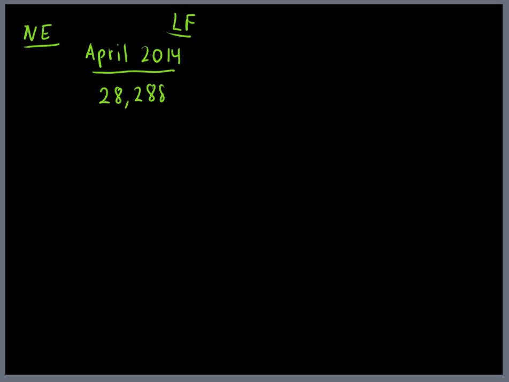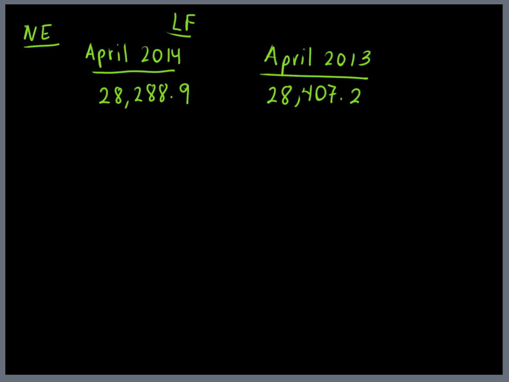So considering the Northeast, all I need to do is take the labor force in April 2014, which is 28,288.9, and the labor force in April 2013, which is 28,407.2, and subtract these numbers.